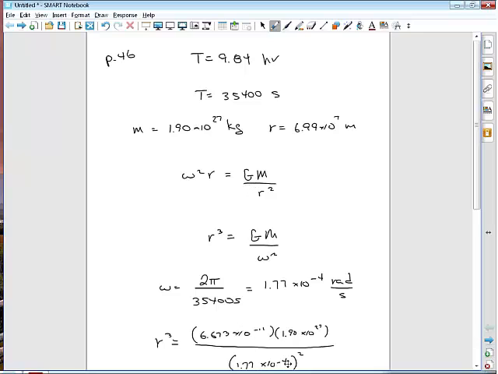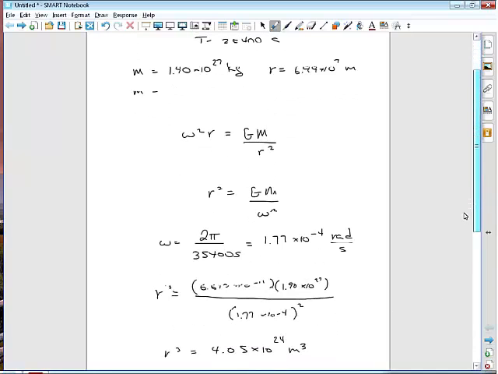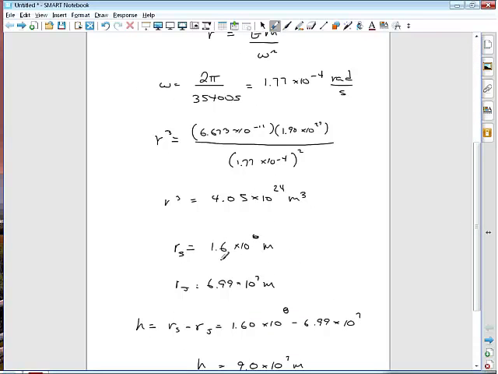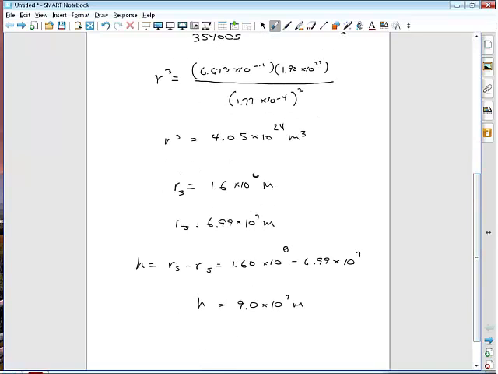We plugged in the numbers, G, the mass of Jupiter, divided by the angular speed squared of the satellite, and there we got a radius of 1.6 times 10 to the 8th. That's the radius of the satellite. To find the actual elevation, we take the difference between these two, and that's where we got the 9.0 times 10 to the 7th.